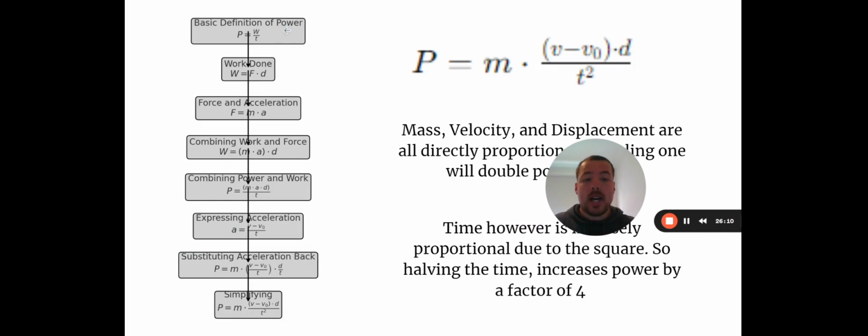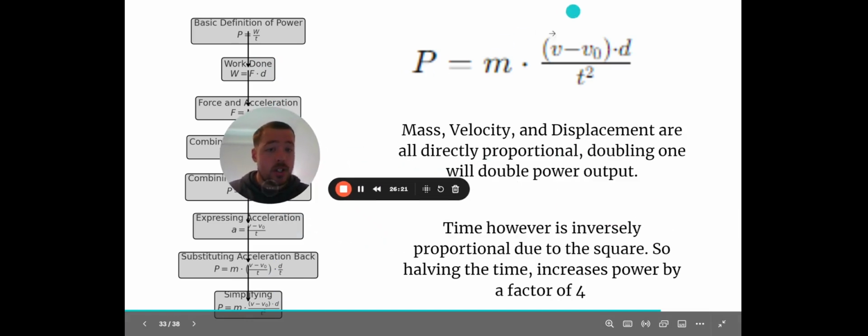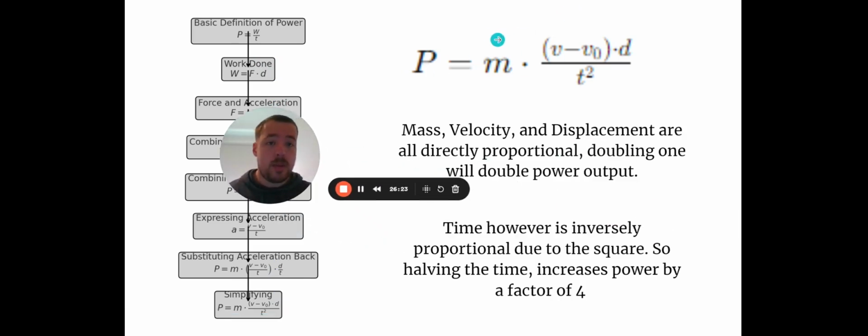Power is just the work done over the time it takes you to do that work. Work is simply force times the distance. We keep breaking that down until we get to our end power equation, on the top right: power being equal to the mass, change in velocity, displacement, and time.